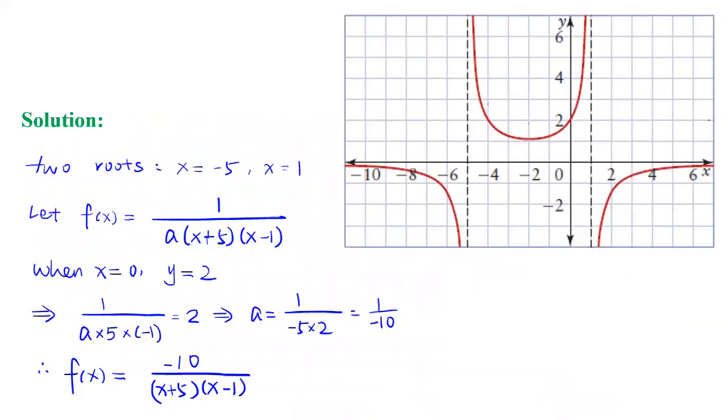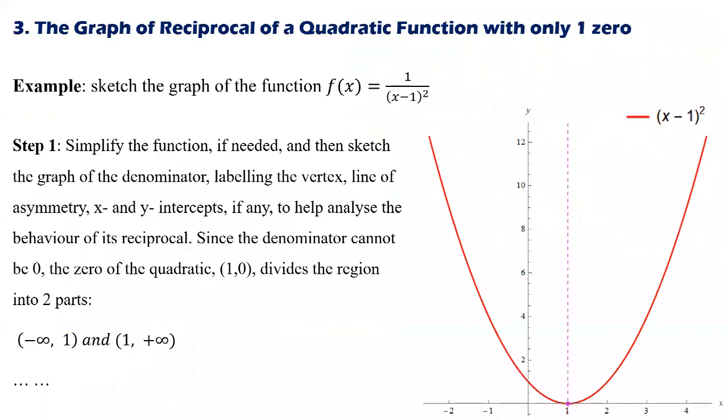Please have a look at the solutions here. Do you have any questions? If you don't, let's have a look at the other type of case where the quadratic function in the denominator only has one zero.